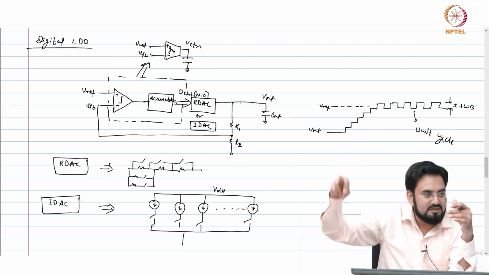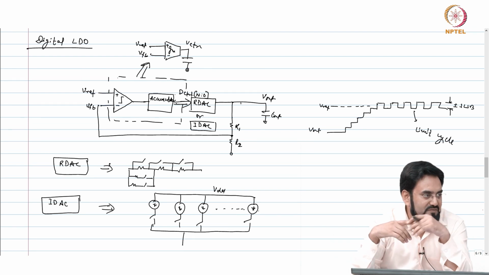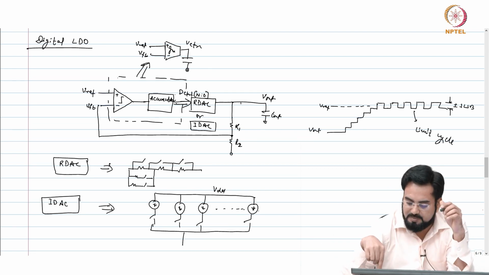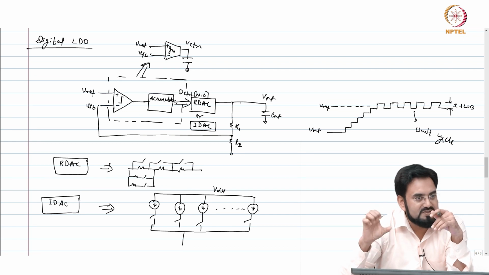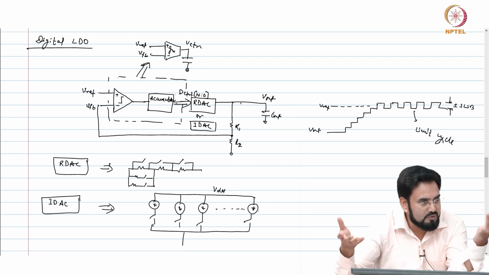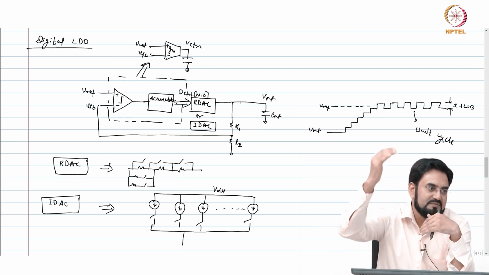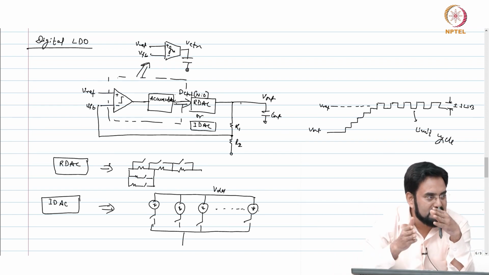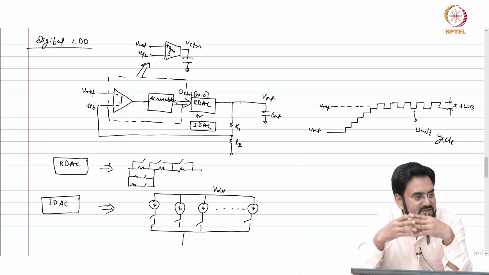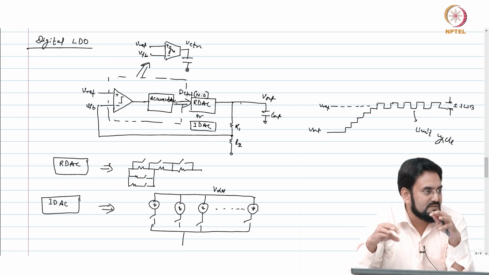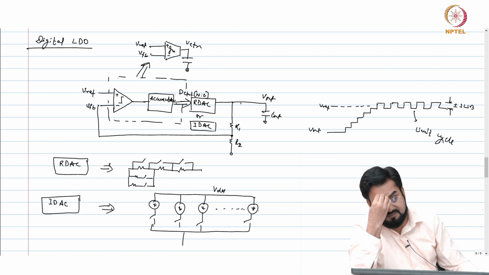So it will not be a sine, it will look like a triangular waveform. Instead of plus minus 1 LSB, the limit cycle amplitude will start increasing. It may go to plus minus 2 LSB, 3 LSB, 4 LSB. It will keep increasing as you bring your output pole near UGB, and if you bring it inside UGB, it may become almost unstable and you will get very large oscillations at the output.